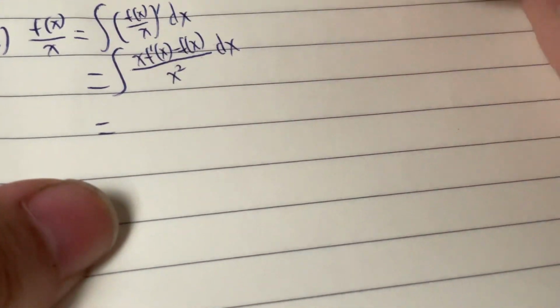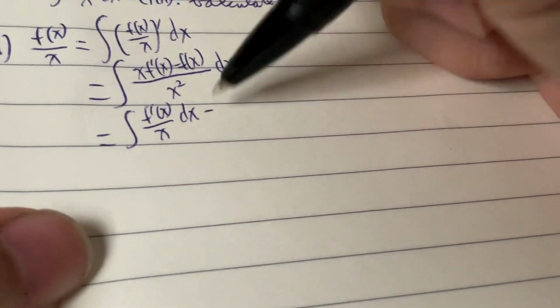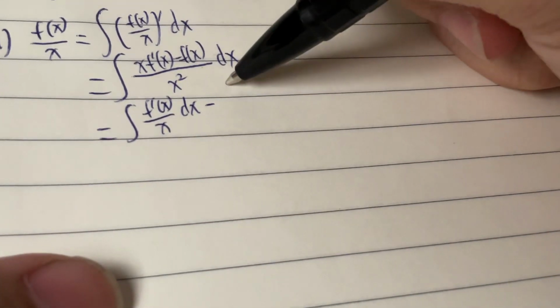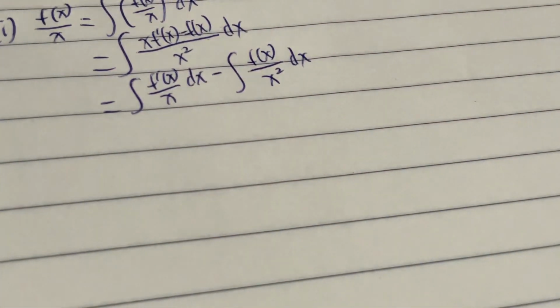You can split it into two fractions: x over x squared gives f prime of x over x dx, and then minus the integral of f of x over x squared dx.